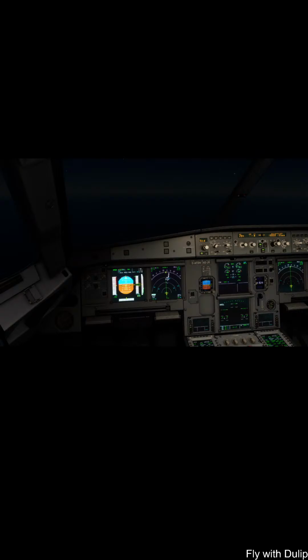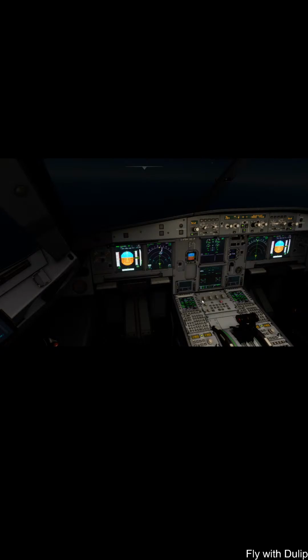SriLankan 103, continue descent to 10,000 feet on QNH 1011. Say again, SriLankan 103. Descend to 10,000 feet, QNH 1011, SriLankan 103. SriLankan 103, descend to 10,000 feet on QNH 1011.